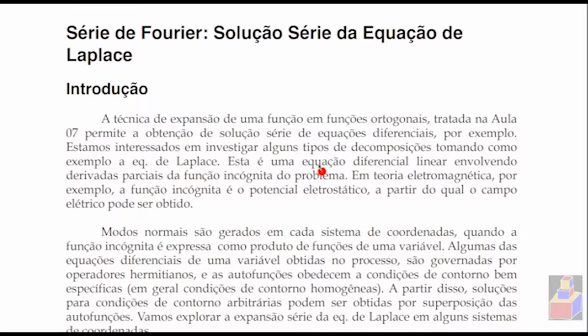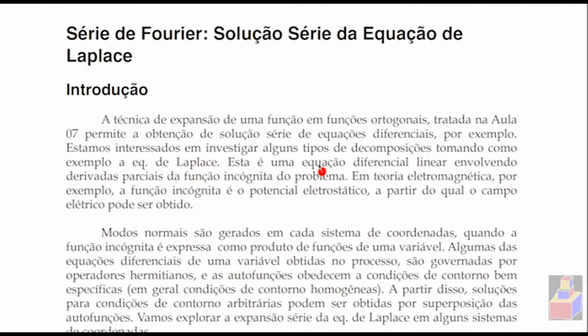We are going to illustrate this using the rectangular coordinate system, an XYZ system, traditional. For each system, different differential equations are generated. For instance, in Cartesian coordinates, we're going to obtain Fourier series.